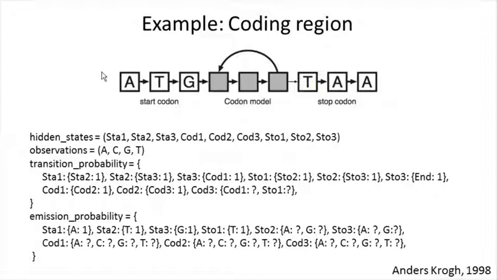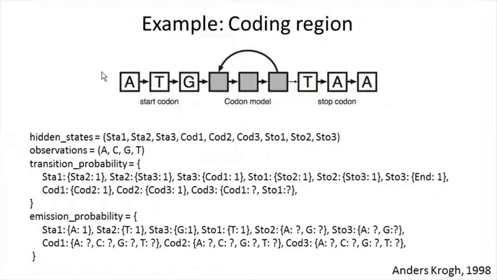For every base pair, it may have 9 hidden states: the first, second, and third base pair of the start codon, the first, second, and third base pair of the common codon, and also the stop codon. And the observations are also A, C, T, G.